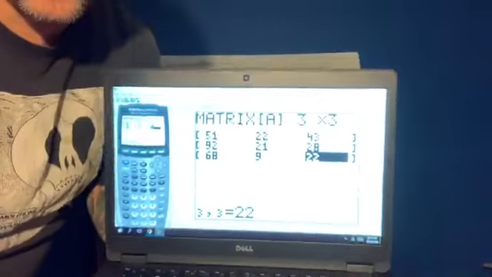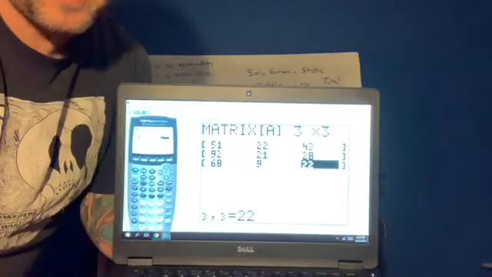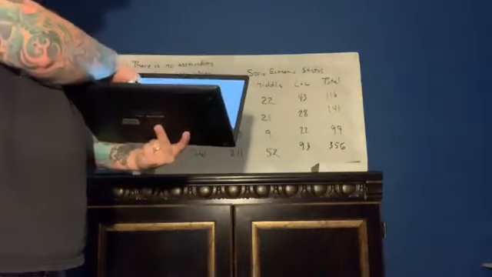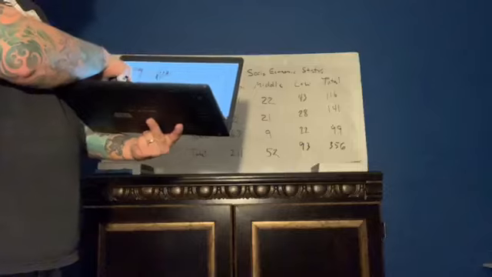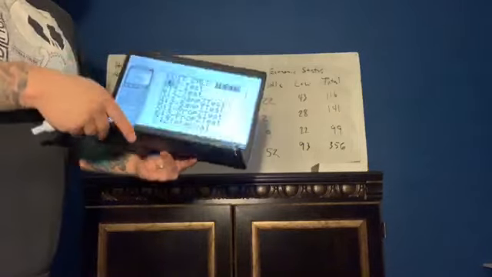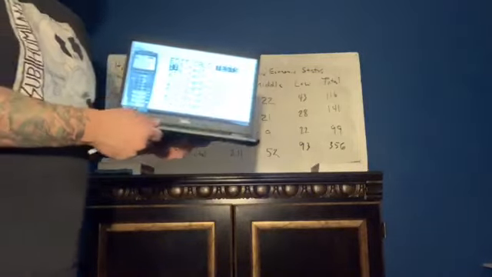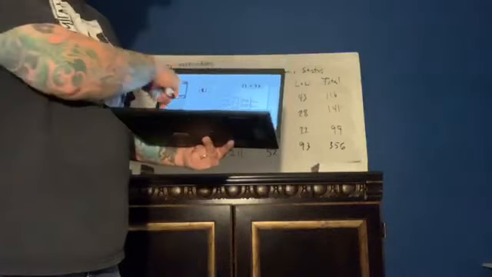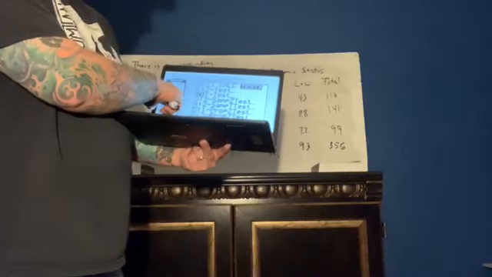You'll notice on the calculator I've got the matrix in there. We're going to hit stat, go over to tests. Now, remember I said inference was done the same way. We're going to do the same test, the chi-square test on the calculator.